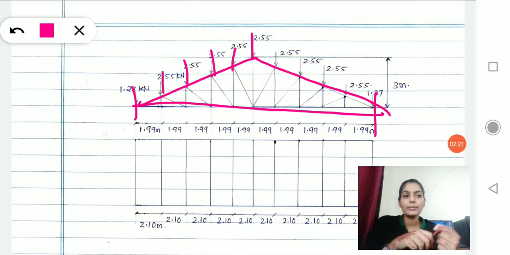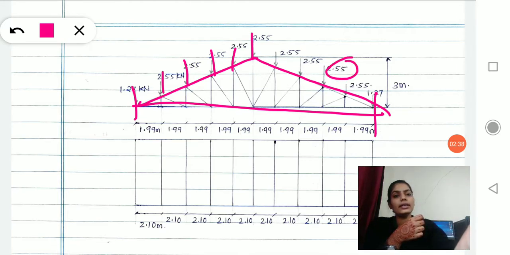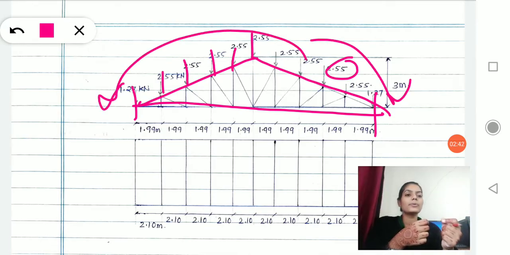Why so? Because the total force is divided on each panel, but the panel points are 11. That's why the last force, or 1/10 force of value 2.55, is equally divided on the two supports of your truss, right?